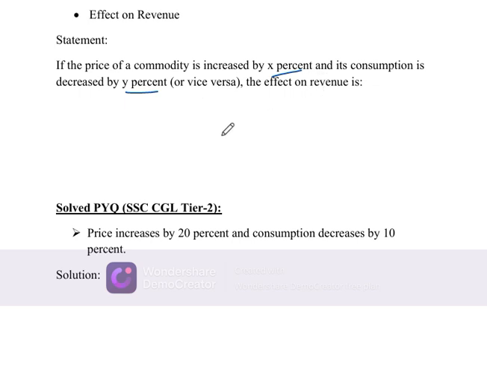That is directly you can find out with the formula, which is X minus Y minus product of X and Y divided by 100. So it is same as a formula which we have already discussed in the part 3 of the video.